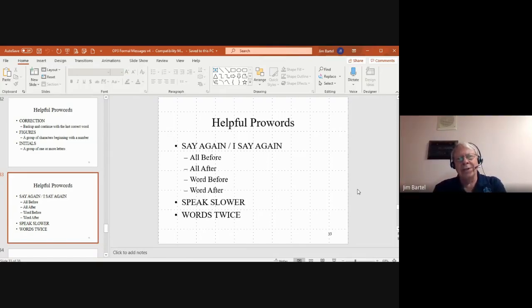Pause, say them again, and continue that pattern until the message is done. That's what they're talking about with words twice. Again, on VHF, not usually a big issue. However, you do this on HF, and it can be quite a nightmare getting these messages sometimes, the way propagation has been in recent times. So it's a very important tool.